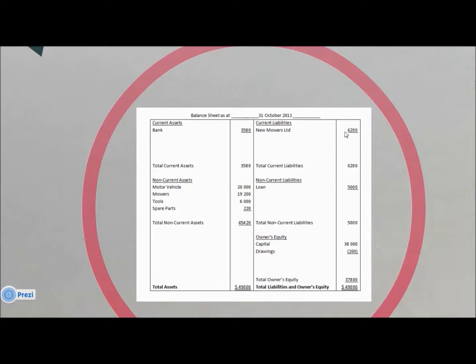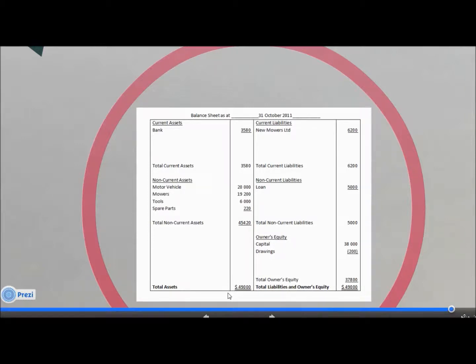Finally, we add this together to here, and add the total assets here. Total assets and the total liabilities and owner's equity should balance. It is 49,000. So these two are 49,000. It is balanced. And don't forget the dollars and the double line.